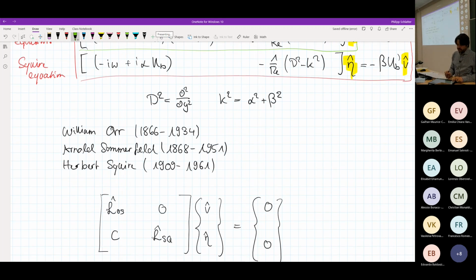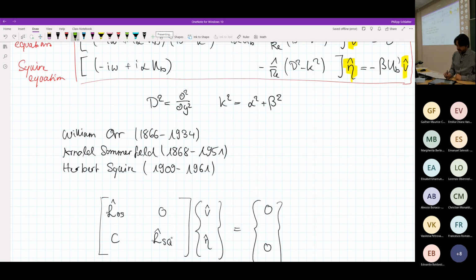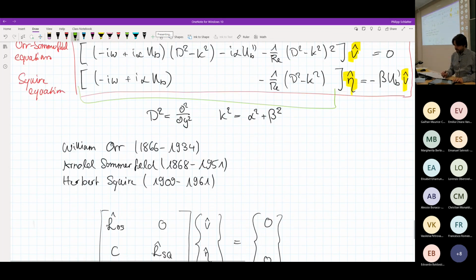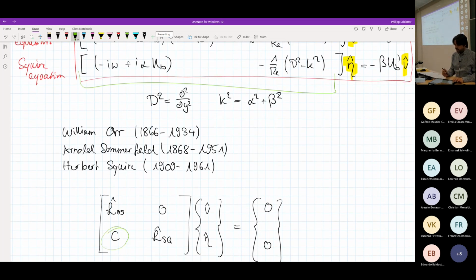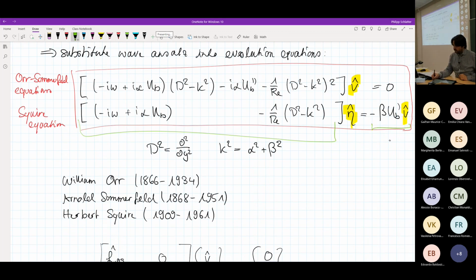On the Squire side, the Squire operator times eta, that would be this bit. And then we have the C here, which would be whatever is multiplied with V hat in the second row, which is this bit here.